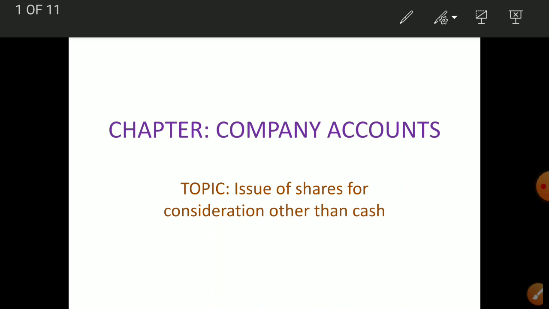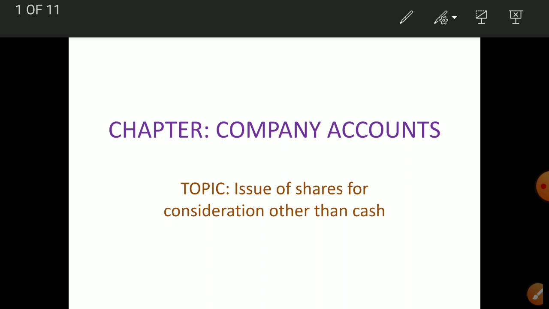Today also we are continuing with the chapter company accounts, and the topic is issue of shares for consideration other than cash. Okay, so the basic journal entries we discussed in the last days.